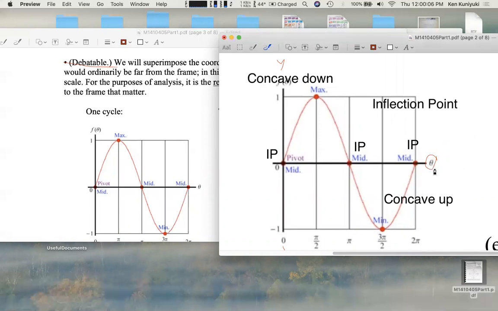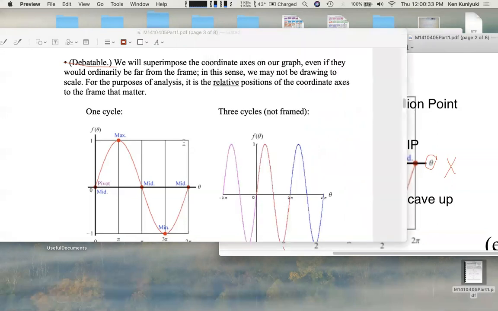The theta axis is our horizontal axis. Later on it'll be x. The vertical axis is the y-axis. You must label the coordinate axes. A lot of people forget that. It's debatable whether you do it later or earlier. Usually you do it earlier, but later on, when we start to really transform these things, it may turn out to be better to label the axes at the end, not at the beginning. But make sure not to forget them.